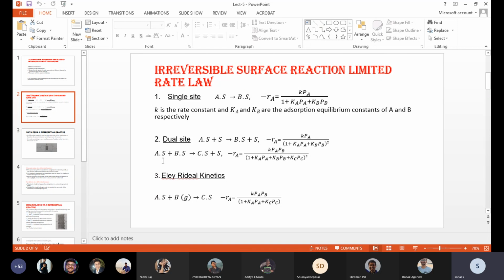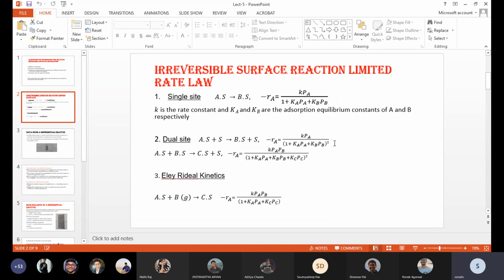Similarly, if there are two species A and B, A·S plus B·S giving you C·S and S, only C is the product and S is coming out, the vacant site, then how will we write? Minus rA is equal to kPAPB, that is the forward reaction rate expression, kPAPB by (1 plus KAPA plus KBPB plus KCPC) square, because all these three are adsorbed. Two sites are involved.